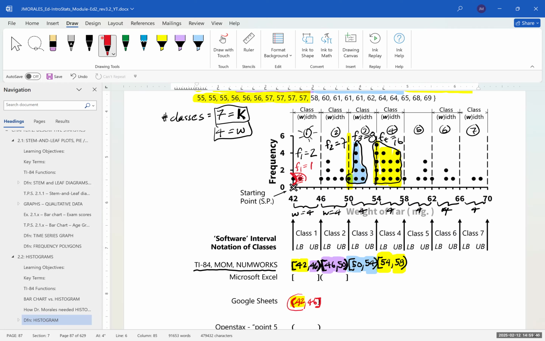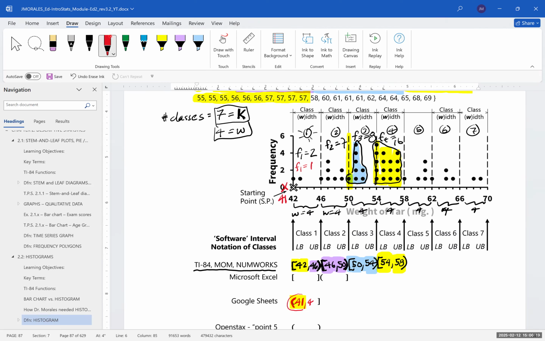We're going to have to choose a number that's a little lower. And so we'll have to go a little lower and make that 41. So our starting point, if we were using Google Sheets, wouldn't be 42, it would be 41. And by choosing 41, now we're going to have values that are greater than 41. But actually, we want to have a width of 4.